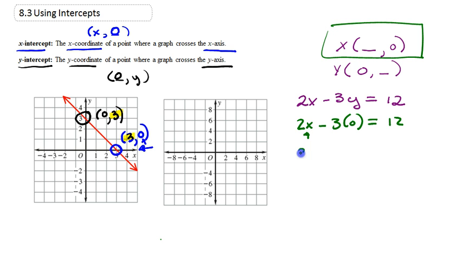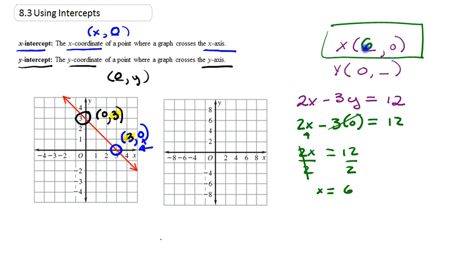So 2x, well, this becomes 0, equals negative 12. So this cancels out. Now I need to just divide both sides by 2. The transformation principle lets me do this for division. The 2's cancel out, and x equals negative 6.